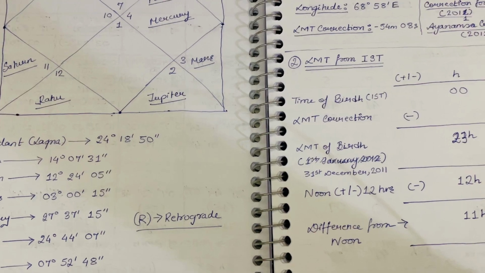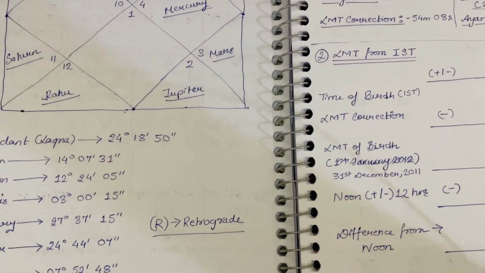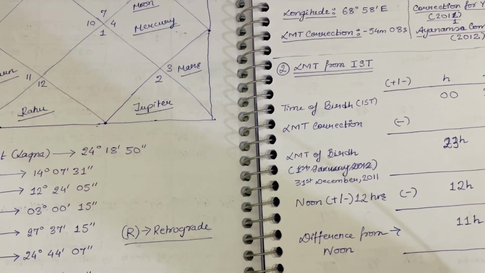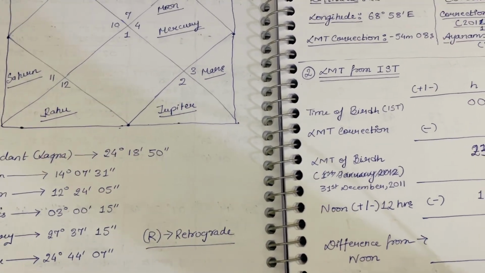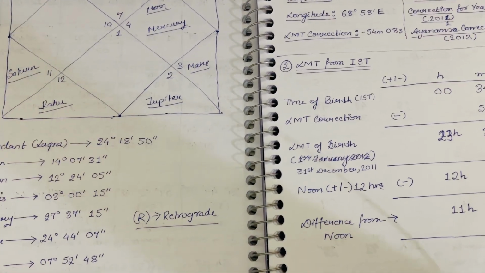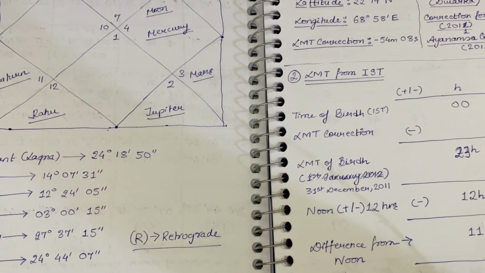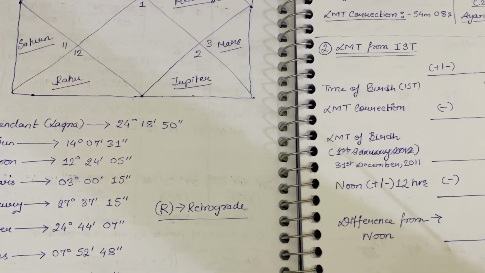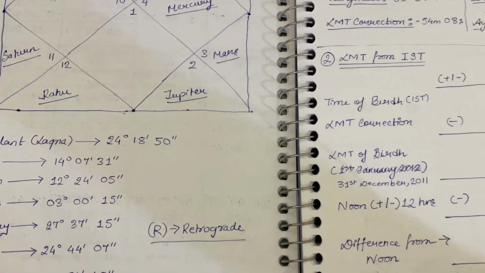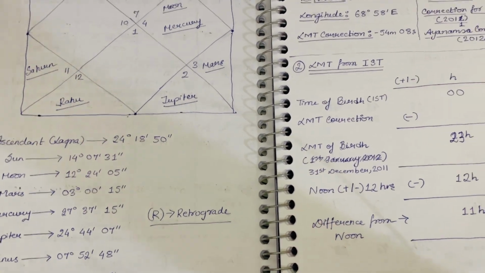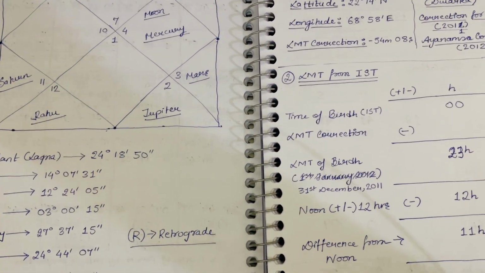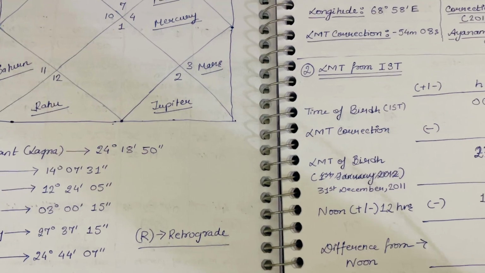That is what I'm trying to teach you, because I have learned it and I am able to teach you. I have learned it very thoroughly and practiced it innumerable times to get the confidence that if I get a birth detail, I will be able to calculate all of these things correctly without making any mistake. It has taken me a lot of time to achieve this.